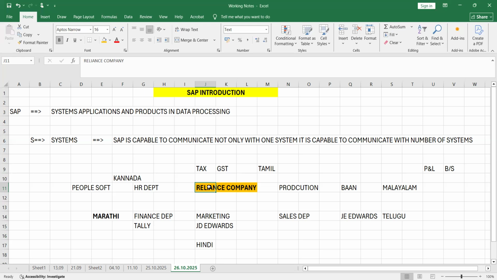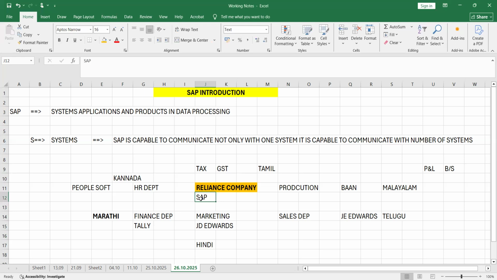So it will give you a complete business suite, a business solution, right? At that point, Reliance realized that they wanted to introduce SAP in their organization, so they introduced SAP.